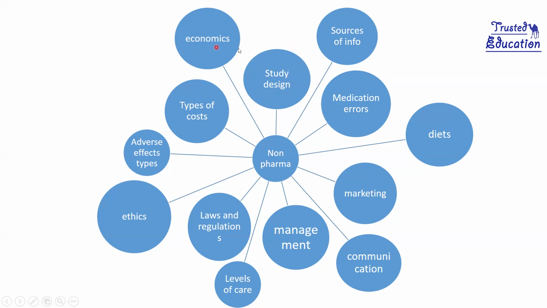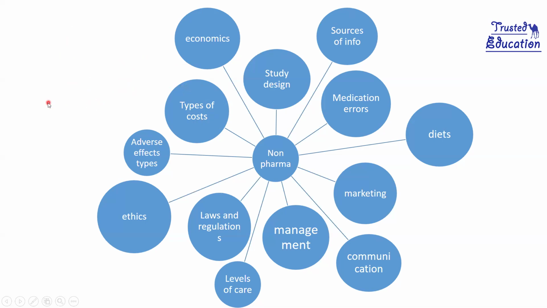Also, we have to know some economics, which is considered the benefit that the patient gets regarding the money that he pays. Also, we have types of costs. For example, we have direct costs, which are the expenses of the patient in the hospital.